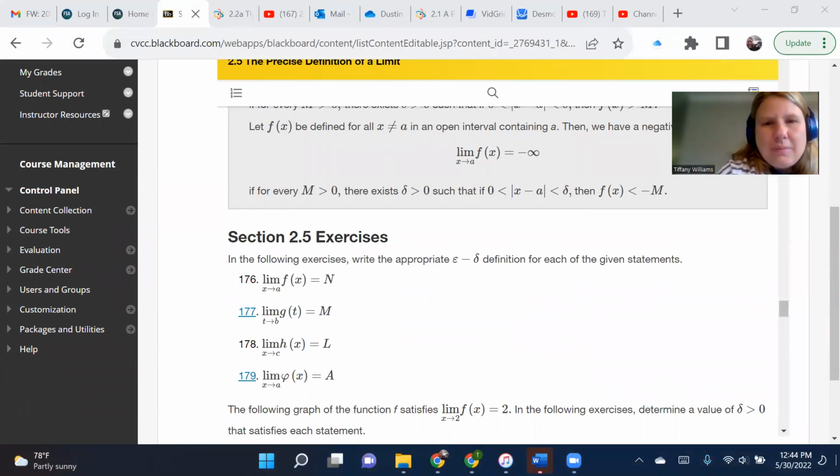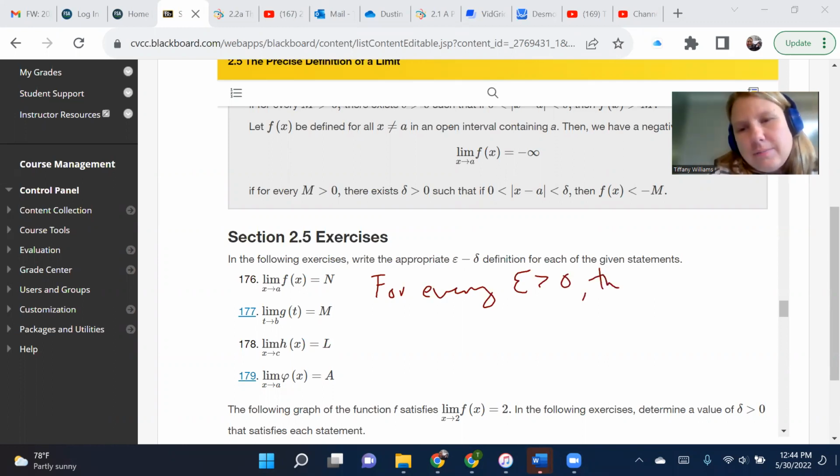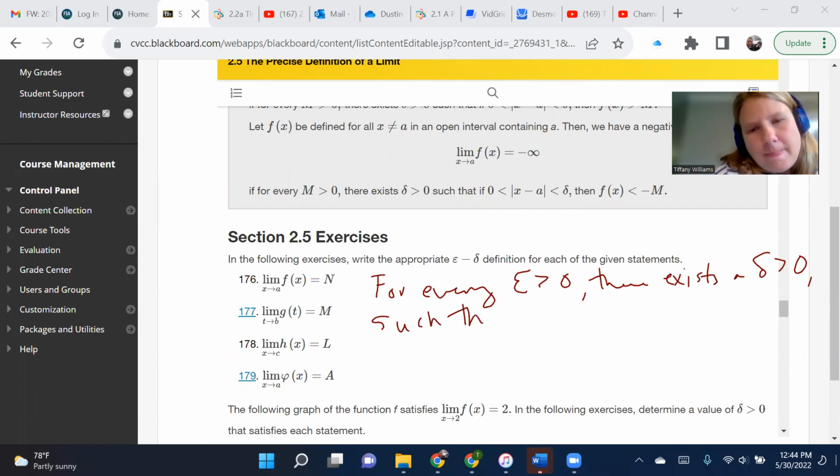So we start off with for every epsilon greater than 0, and this is the way they always start out, there exists a delta greater than 0, such that if 0 is less than, now this is where we actually need to include what's going to be in here.